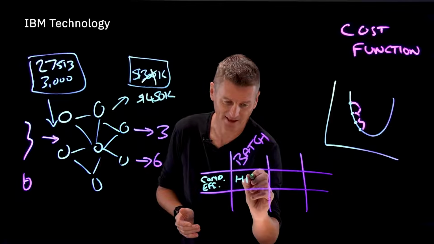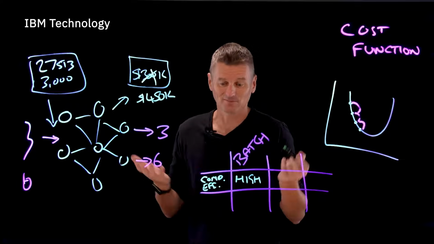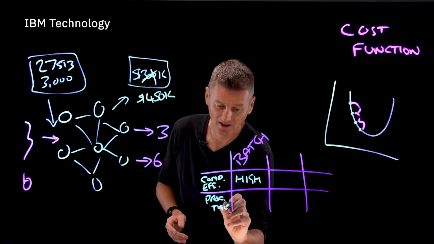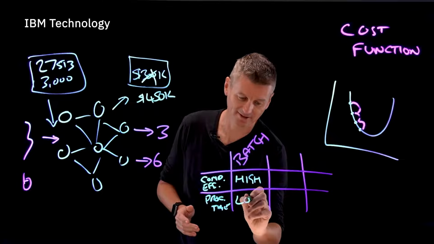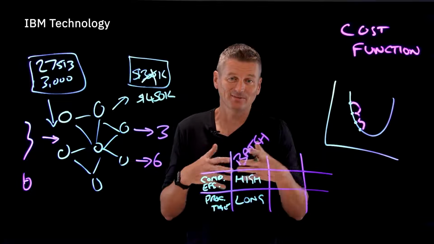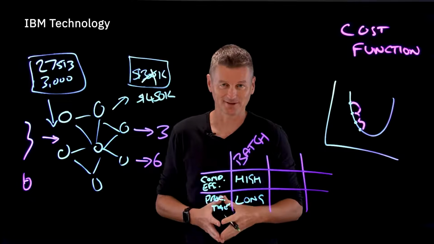You can give this a high rating because we're doing things in one big batch. But what about processing time? Well, with processing time, we can end up with long processing times using batch gradient descent because, well, we've got large training data sets and it needs to store all of that data in memory and process it.